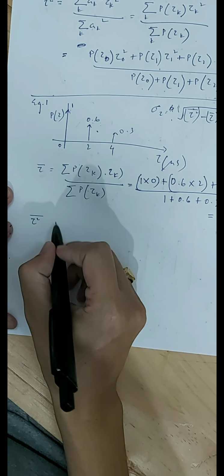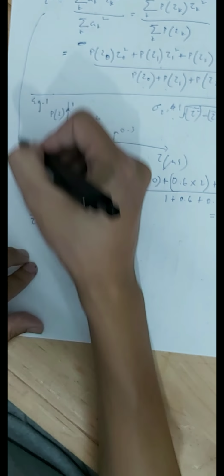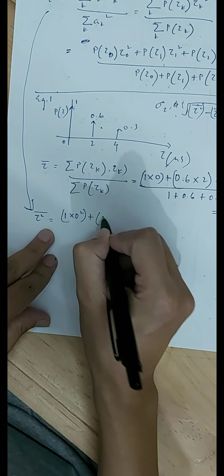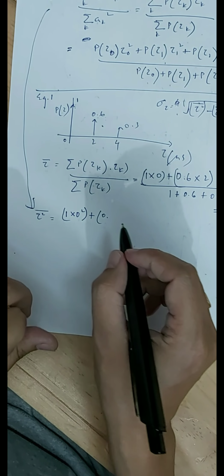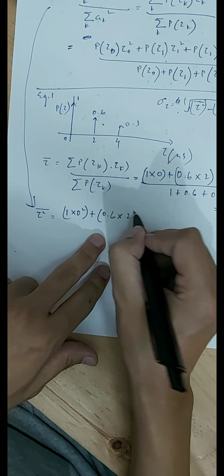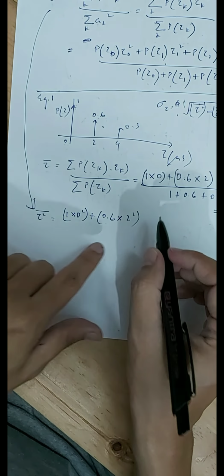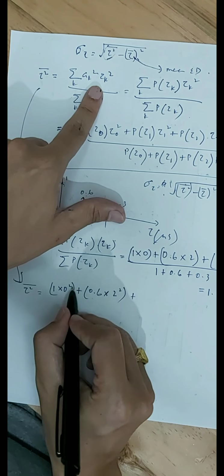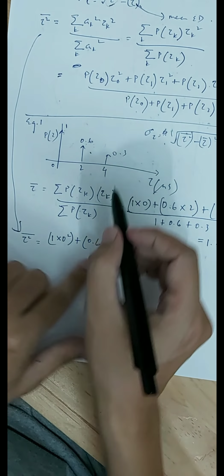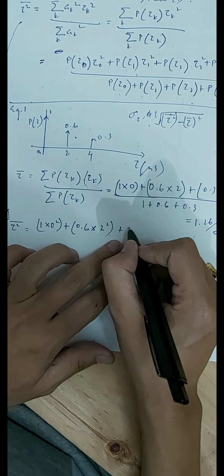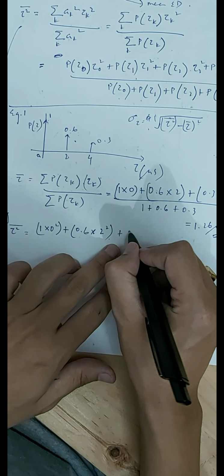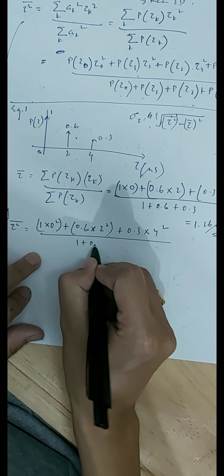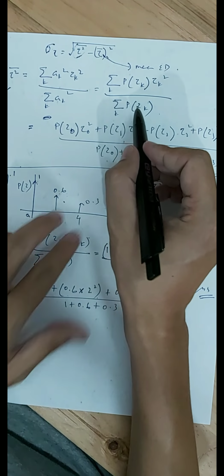Tau square bar, we have this formula, and we write 1 into 0 square plus 0.6 into 2 square, plus, because it is tau k square, remember that, so I'm squaring the tau k values, which are 0, 2 and 4, plus 0.3 into 4 square, divided by 1 plus 0.6 plus 0.3, because it is p tau k.